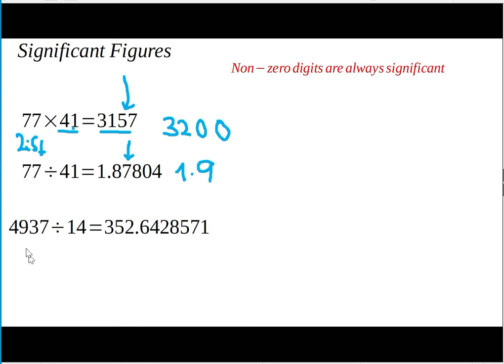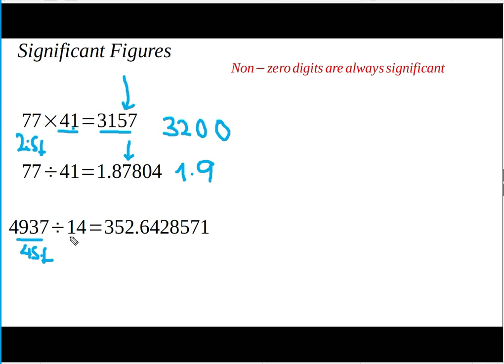Now let's look at another question so we understand further. Those had both two significant figures, so I want to look at when we have different significant figures for each number. This number here has 4 significant figures, and this has 2 significant figures.